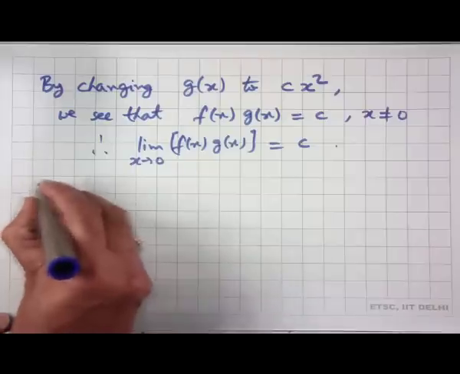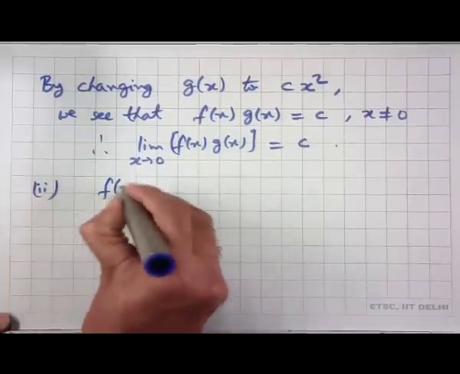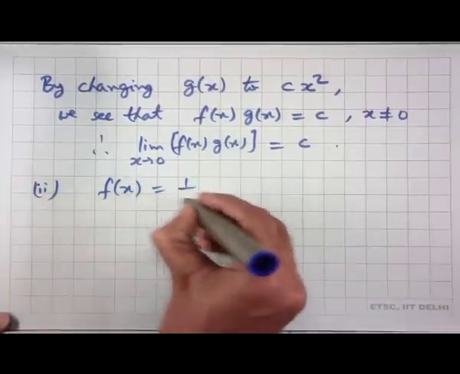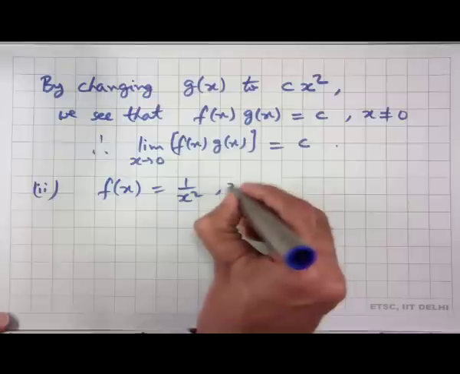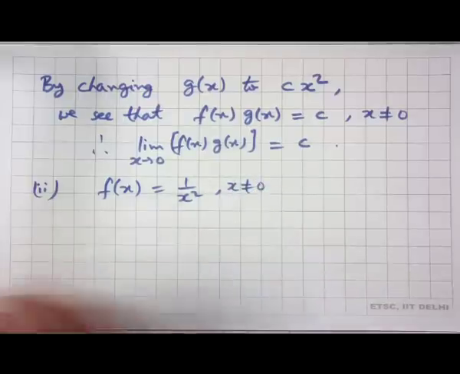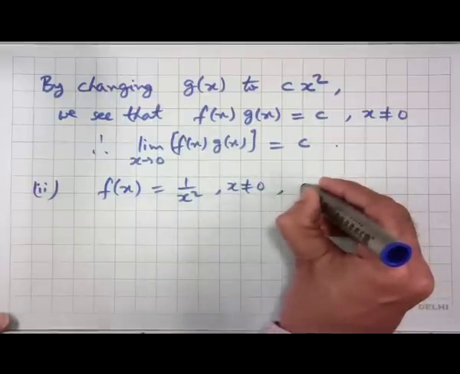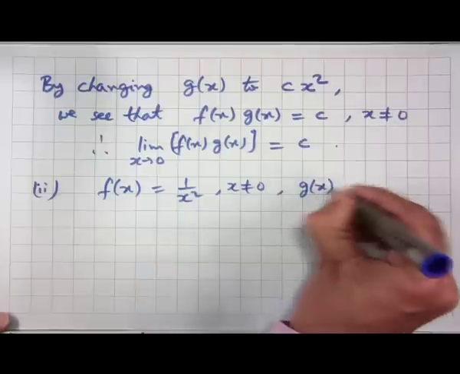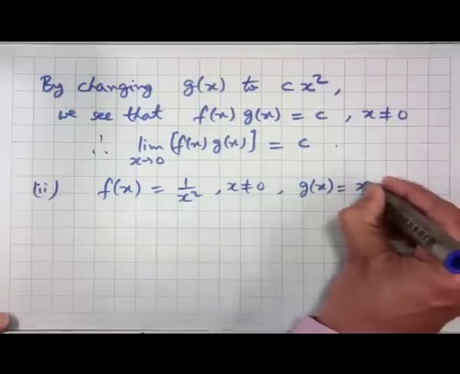Again, let us see if we can make it to be infinity. Can we make it? Next example, we take again f x to be equal to 1 by x square, and g of x to be equal to x.